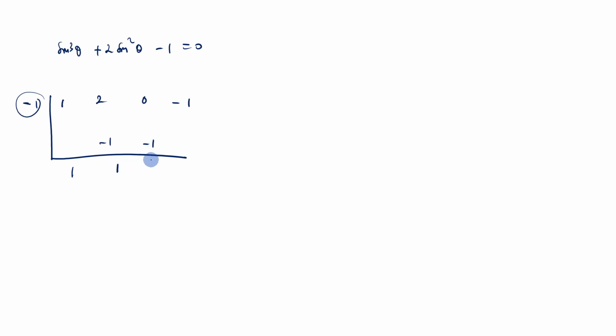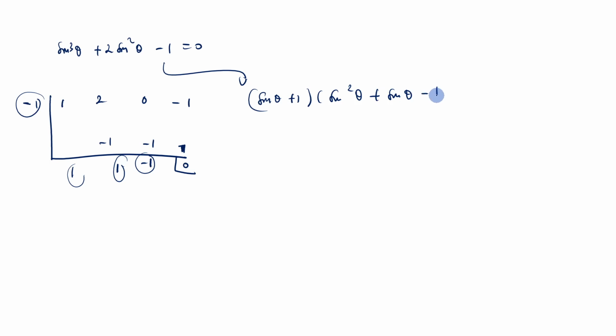This is minus 1, this is 1, plus, of course, 0, and we can get the root of this term, or the factor of this term is sin theta plus 1 times sin theta squared, this is the coefficient of this term, plus sin theta minus 1 equals 0. Of course, we get sin theta equals minus 1.